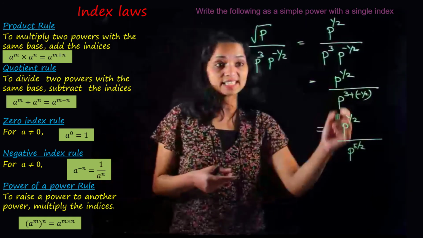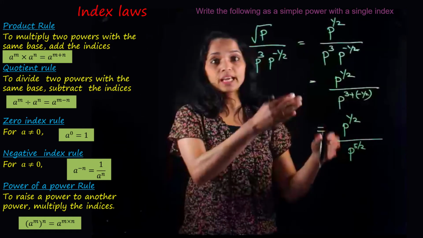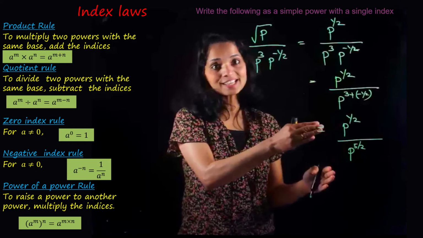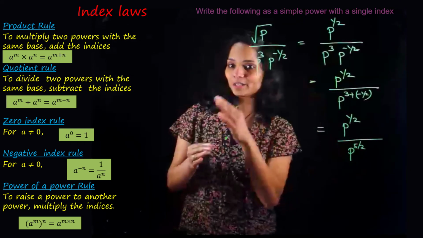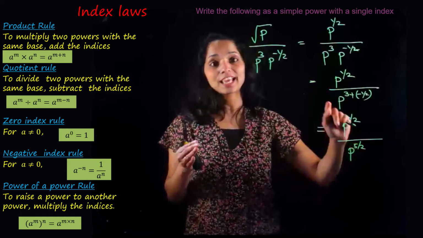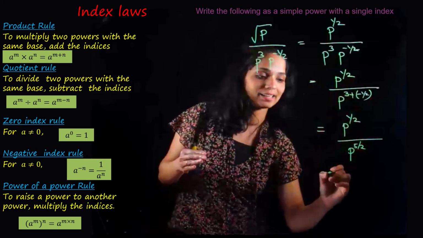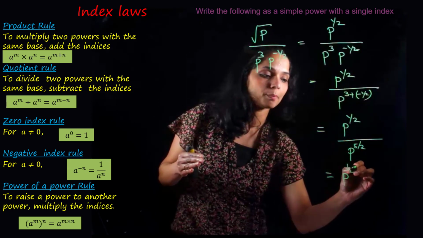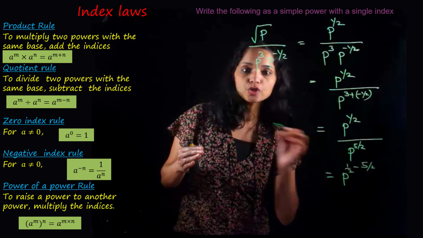Once we did that, now we have an expression in the form of a to the power m on a to the power n, which is a quotient, and you can apply the quotient rule: a to the power m on a to the power n equals a to the power m minus n. So this is p to the power half minus 5 on 2.